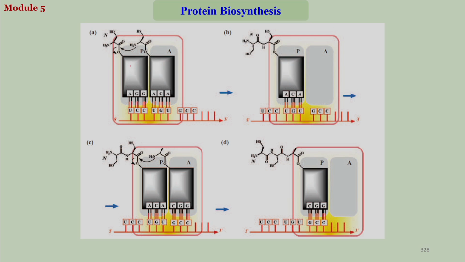This is our P site, and then comes the A site with the new tRNA with a different amino acid attached and a different anticodon, which will hybridize to the codon, and then the reaction is done. Then a new tRNA will come, take the space of the A site, and push the A site to P and P site to the exit site, and that is how the sequence of events takes place.